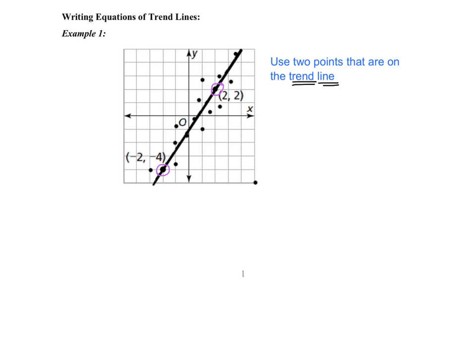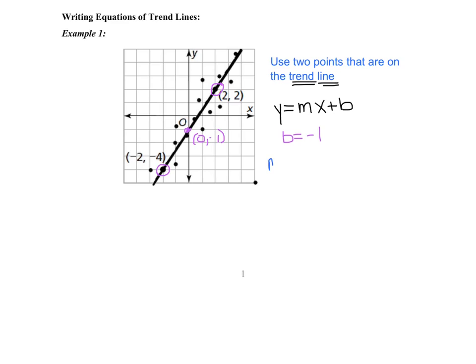Next, we're going to use our slope-intercept formula, y equals mx plus b. So let's first identify our b. Where does the line hit the y-axis? Right there. So this is our b, and that is coordinate (0, -1). So our b is equal to -1.